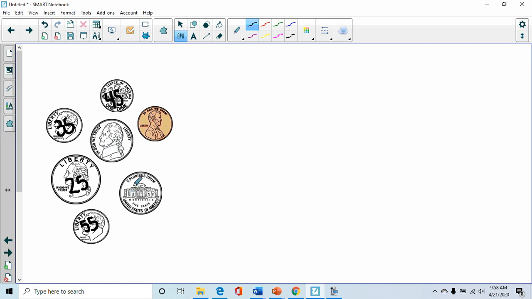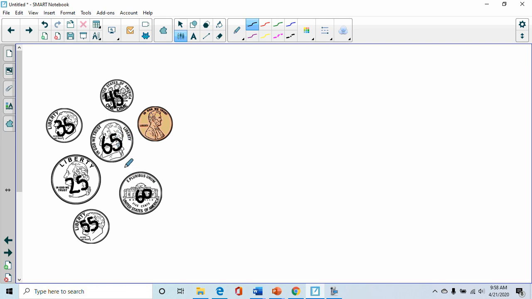I'm going to add on these 2 nickels. I can tell this is a nickel. It's worth 5 cents. It says it on the back. So if I'm at 55 and I'm adding a nickel, I'm going to change my count to the 5 count. 55, 60. I see another nickel here, so I'm going to keep counting by 5s. 65.